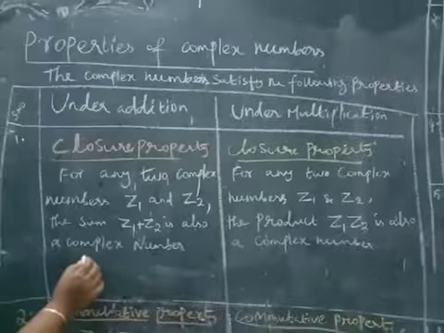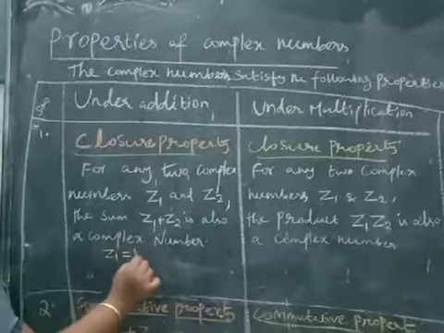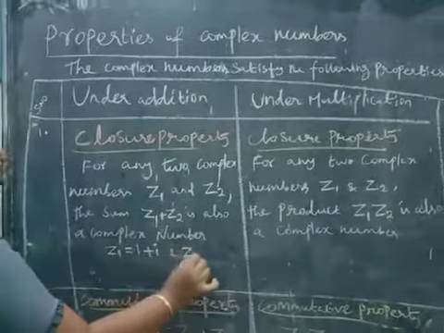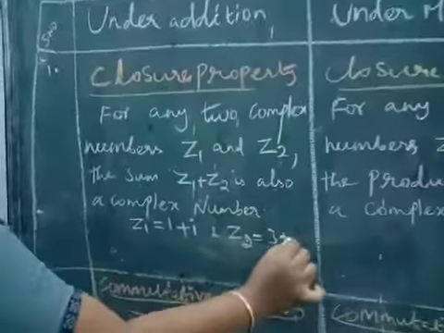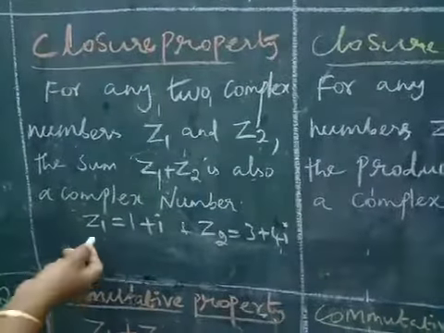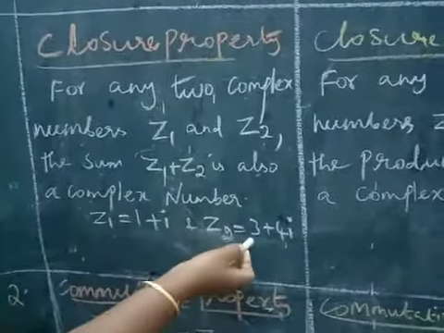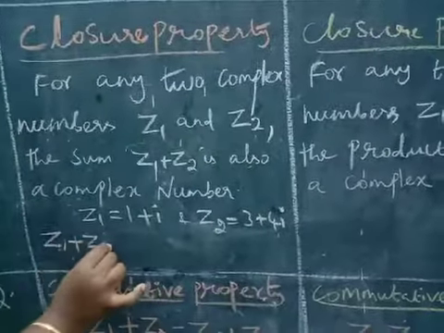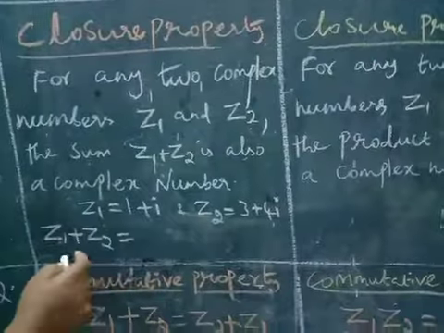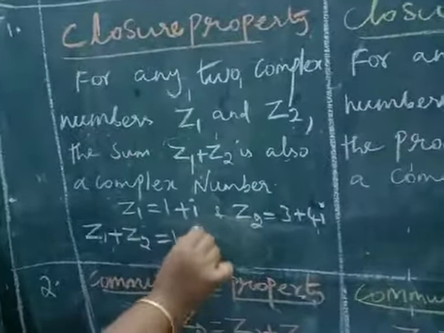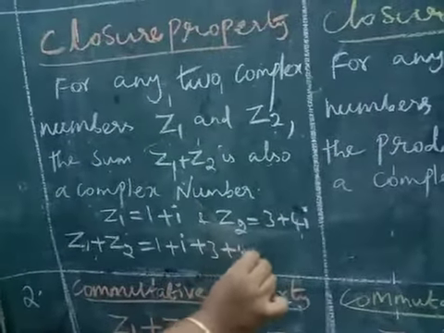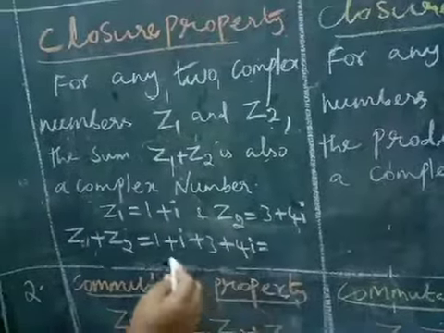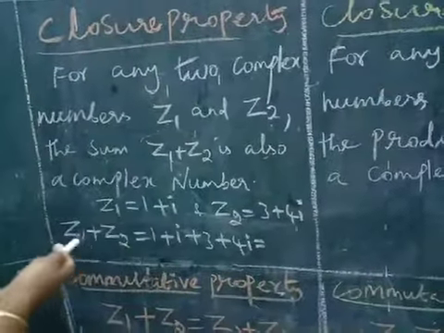Let us consider an example. z1 equals 1 plus i and z2 equals 3 plus 4i. See, this is one complex number, this is another complex number. Now we are going to add these two complex numbers, z1 and z2. See, 1 plus i plus 3 plus 4i. In earlier classes you have learnt how to add two complex numbers.